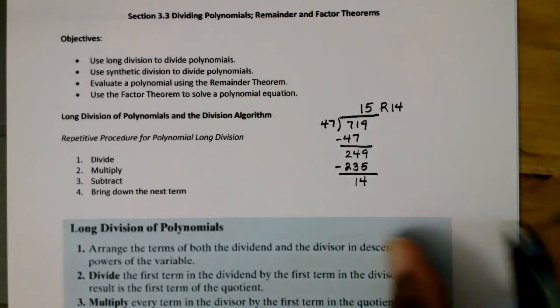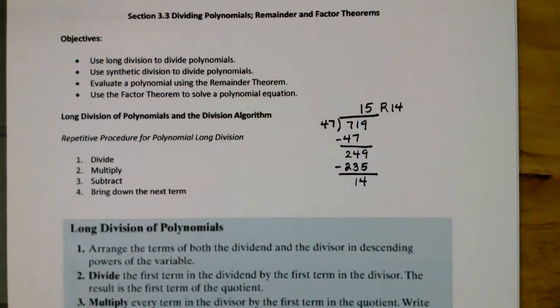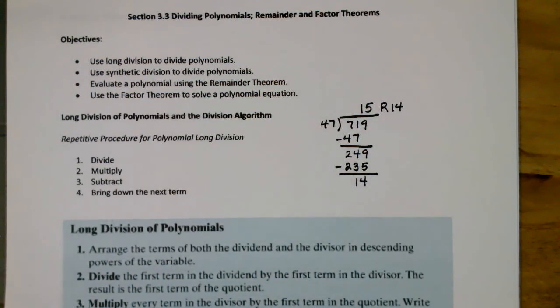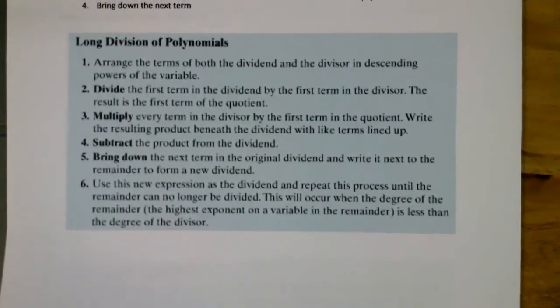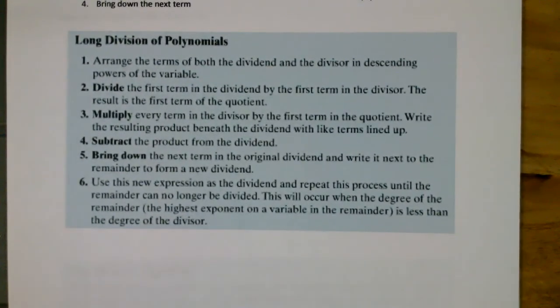In this case, we're going to use that concept with polynomial division using long division. So here is the procedure for that. Number one, you want to arrange the terms of both the dividend and the divisor in descending powers of the variable. And then number two, divide the first term in the dividend by the first term of the divisor.